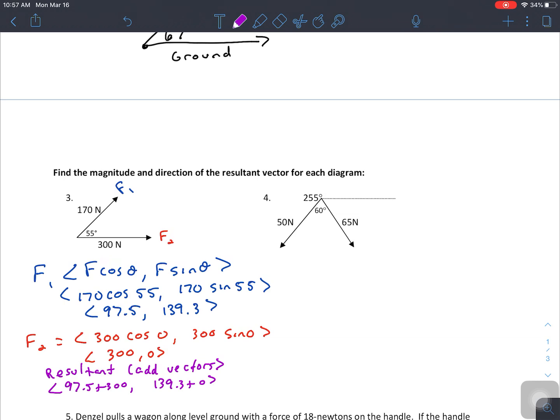Okay, so the resultant for this is going to be at 397.5 and 139.3.